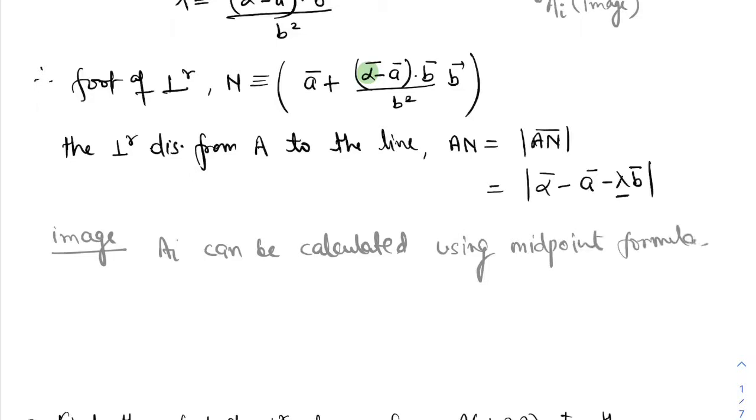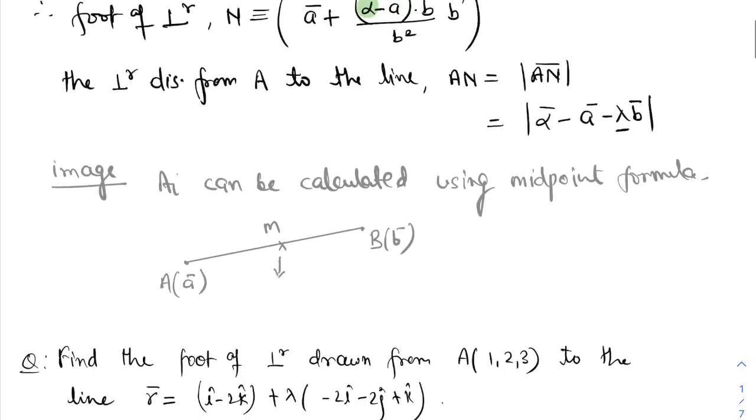What is the midpoint formula? Let's say I have a point with position vector A, another point with position vector B. If I want to know the position vector of the point which is the midpoint of A and B, this will be simply the position vector of (A plus B) divided by 2.